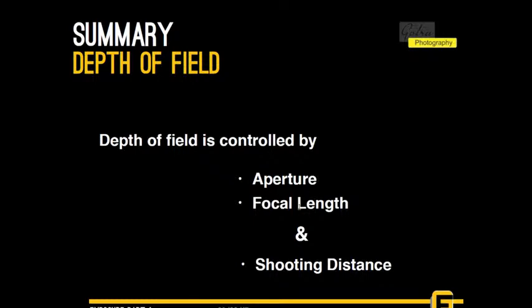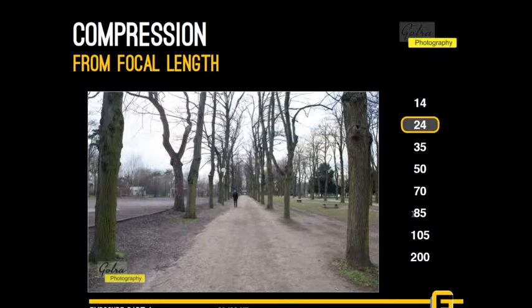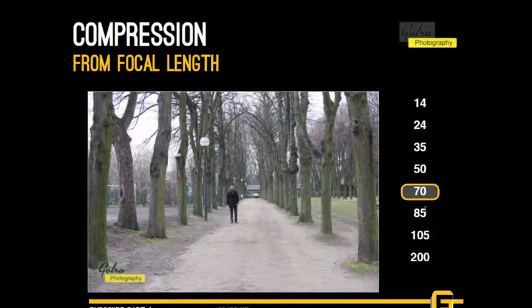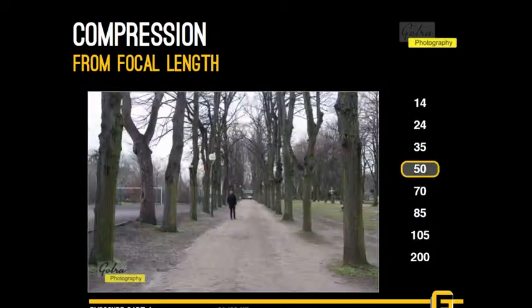Focal length, not too wide, otherwise there will be no depth of field. So something like 100 or so, somewhere in between. 85 will be fine. If you go between 70 and 105, that's a good value.